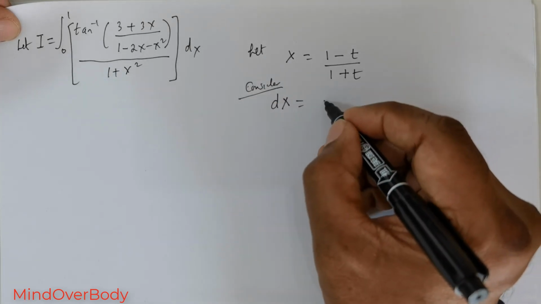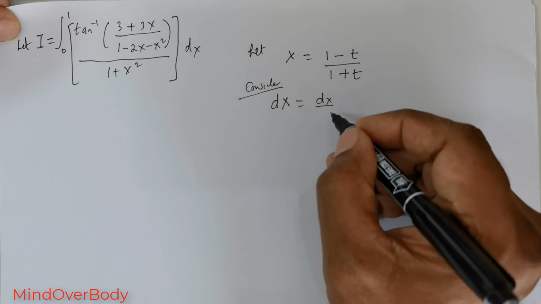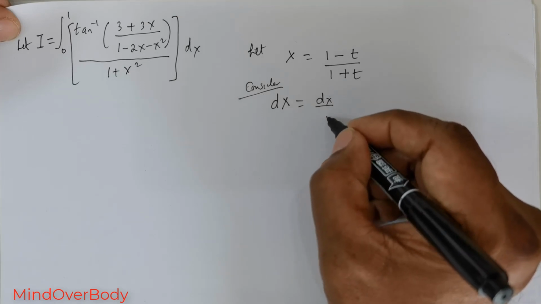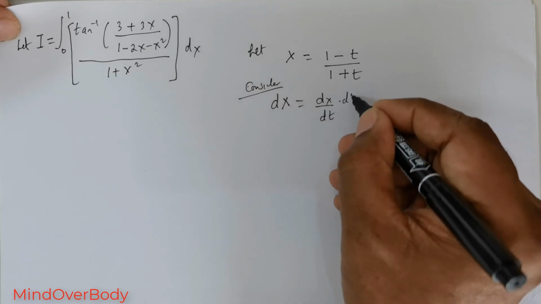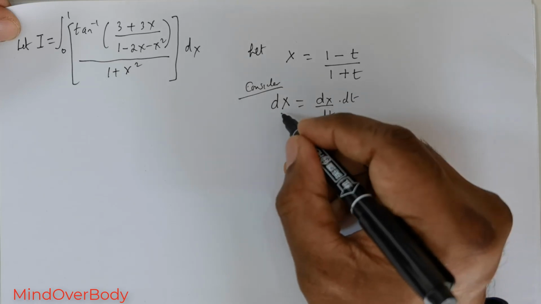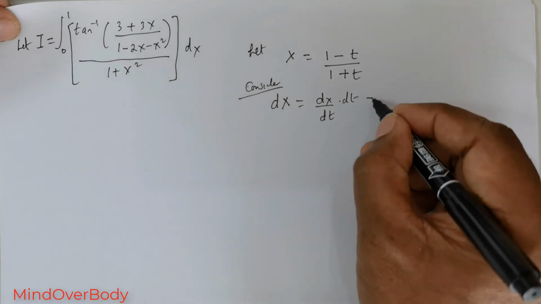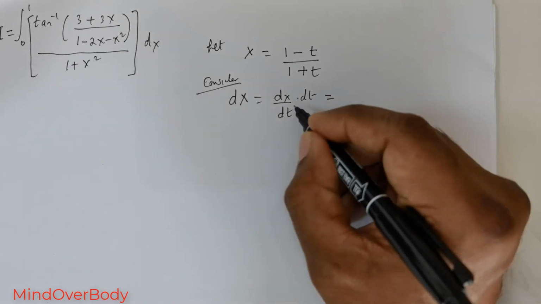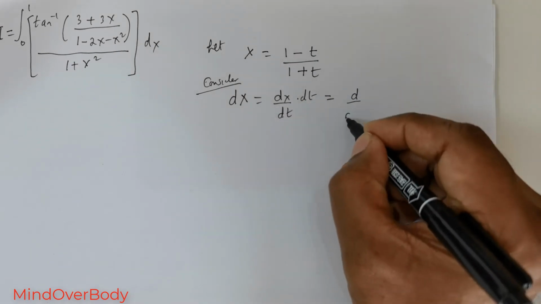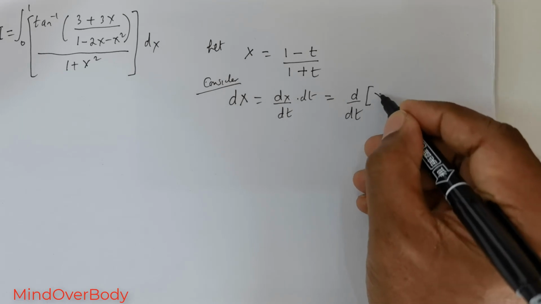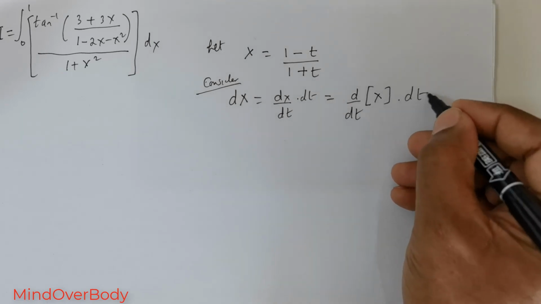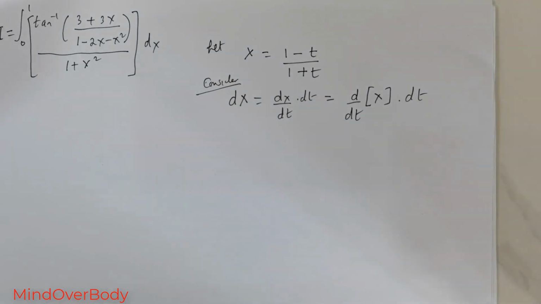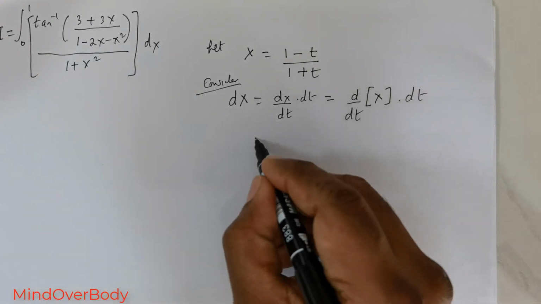Is it okay if I write dx as dx divided by dt times dt? dt can be cancelled, and ultimately we got dx is equal to dx. Fair enough. Now I wish to rewrite this as d over dt of x times dt. Is it okay if I write it like this? Fine.